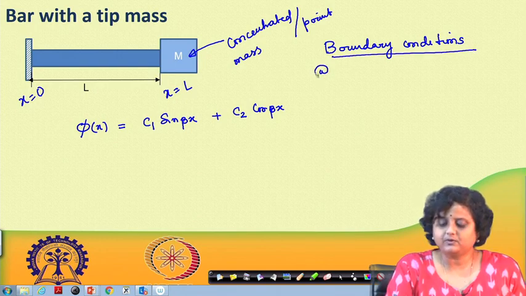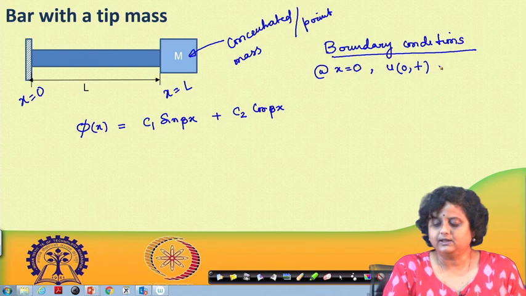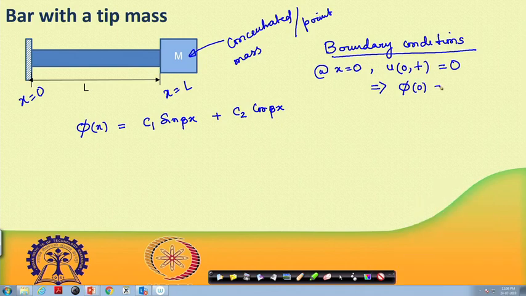So, the first boundary condition is at x equal to 0, my displacement is equal to 0. u0 t is equal to 0, which will give us phi 0 is equal to 0. I have skipped some of the intermediate steps because this is similar to the examples we have done earlier.